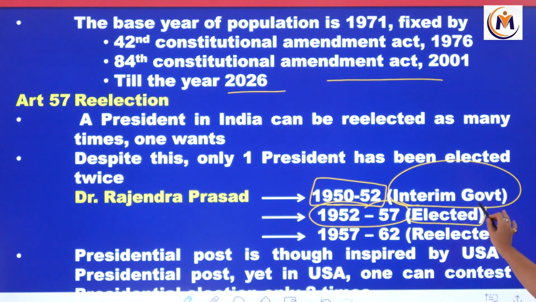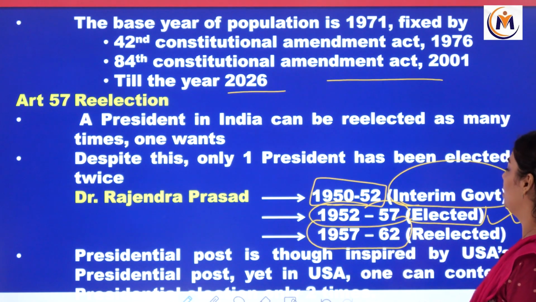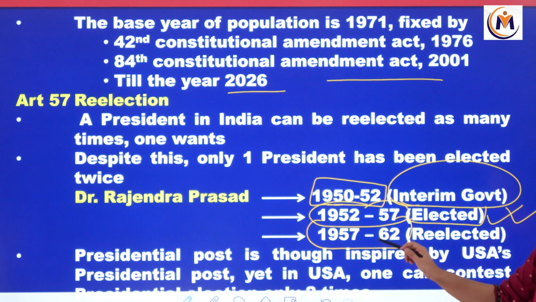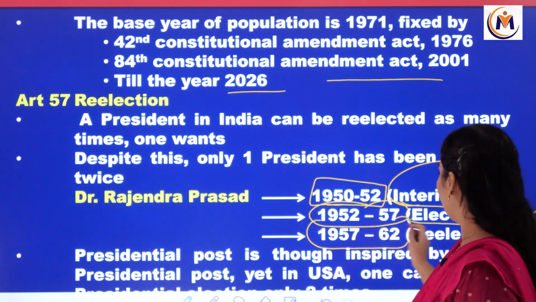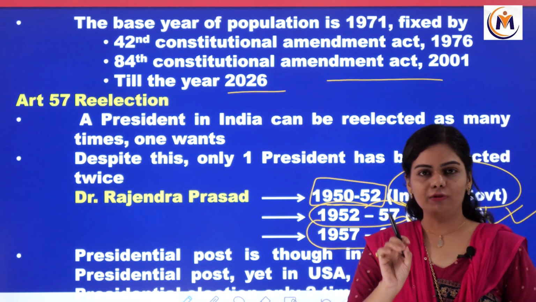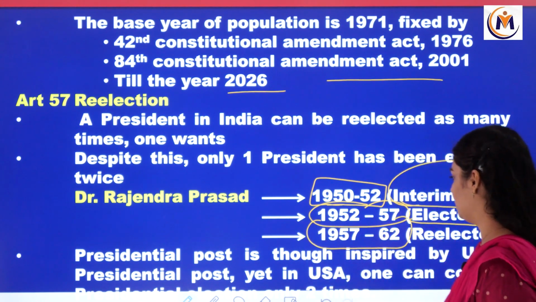This was not an interim government, it was a full-fledged normal government. Then comes 1957 to 1962. In that tenure, Dr. Rajendra Prasad was again re-elected as the President of India. So he is the only exception.